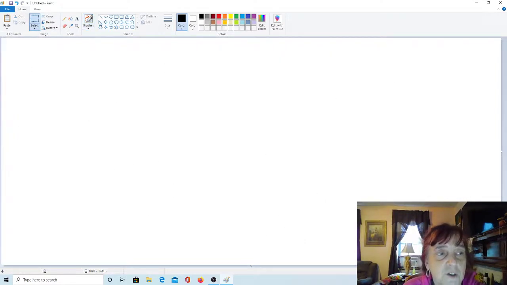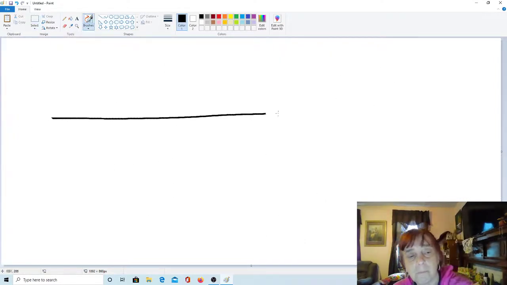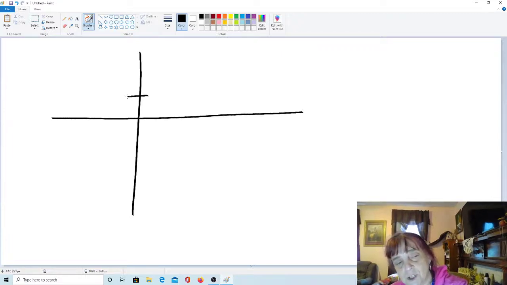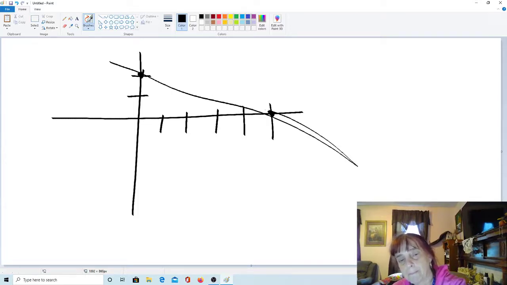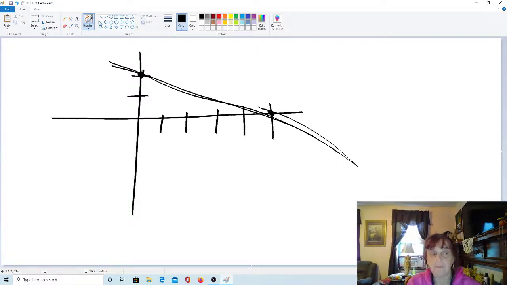Okay, you have 0, 2 and 5, 0. So you plot your points and connect them. Okay, so that's our line.